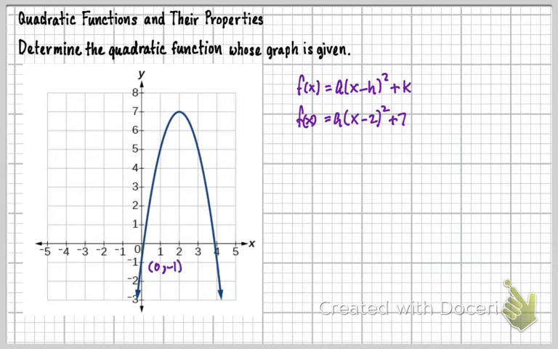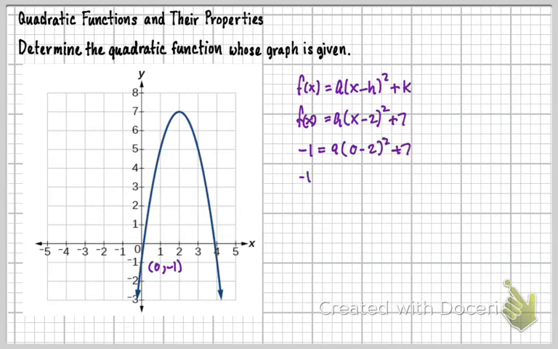So now I'm just going to plug that in here so I can actually find a. Because I don't know what a is right now, but I'm assuming it's going to be -2. But we'll find out. So then our y value is going to be -1, because the y value is f(x). So that's going to be -1 equals a, my x I'm plugging in 0 for, plus 7.